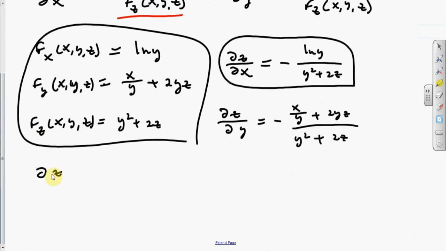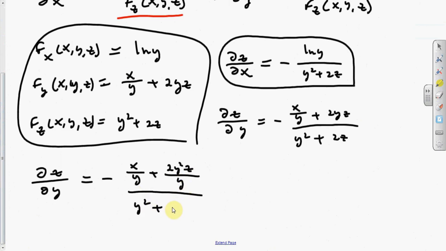So the partial of z with respect to y, that negative is sitting out in front. This is x over y plus 2y squared z over y divided by y squared plus 2z. This becomes negative x plus 2y squared z all over y to the third plus 2yz.